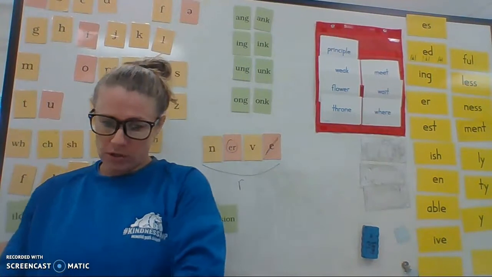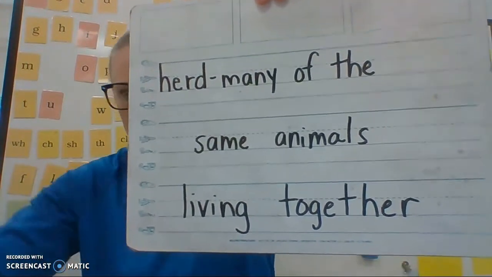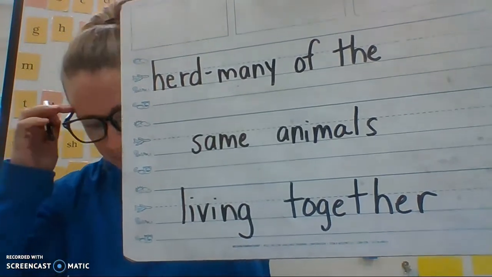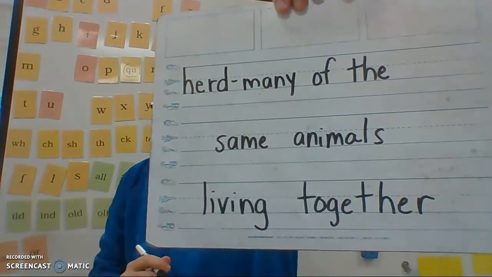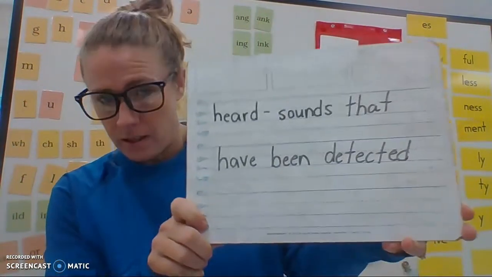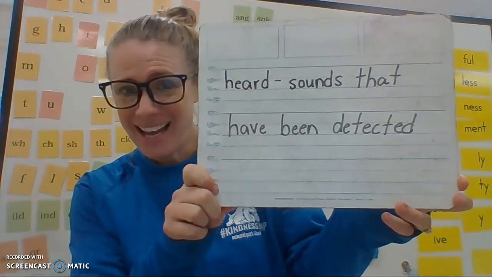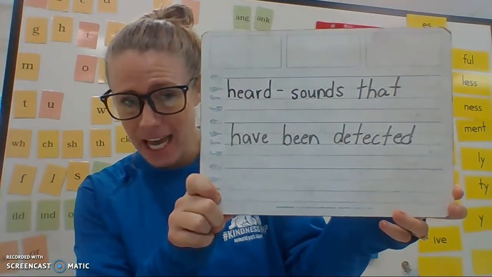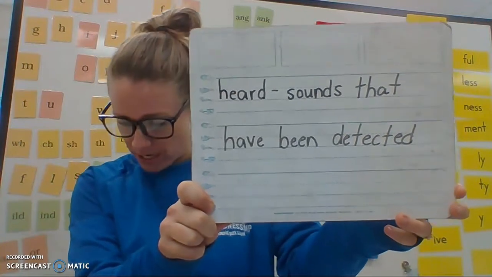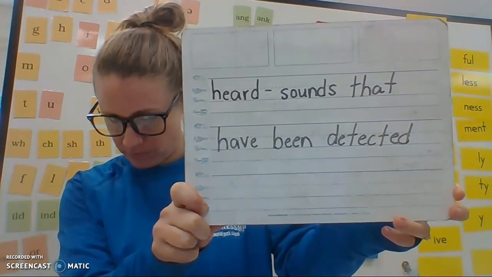Once you get to this page, I want you to pause the screen to enter this kind of herd. Pause right here. And when you're done, we're going to switch into the other. Here is your other herd. H-E-A-R-D. Sounds that have been detected. Enter this into the notebook under H-E-A-R-D. Pause until you're done.